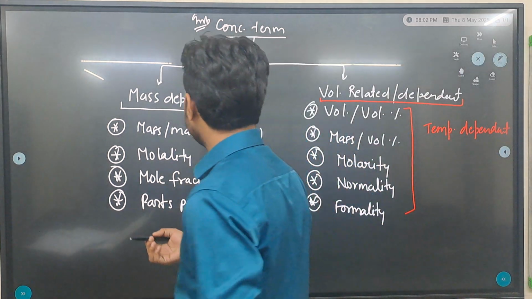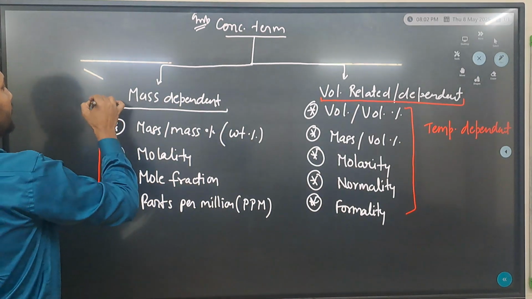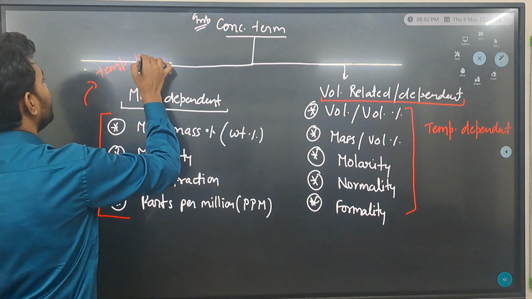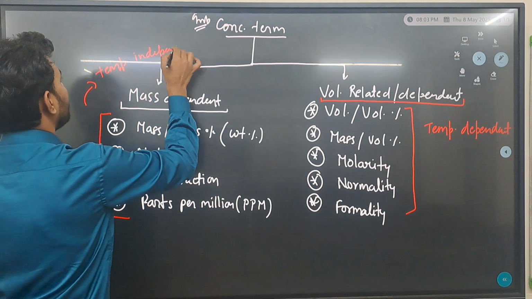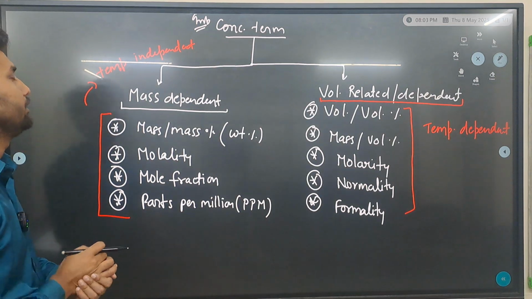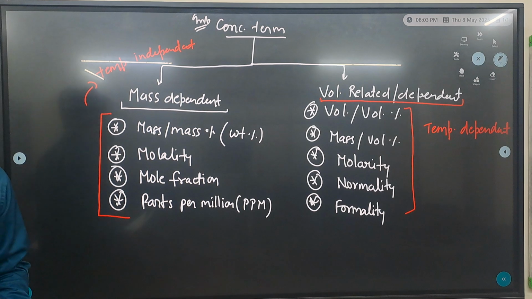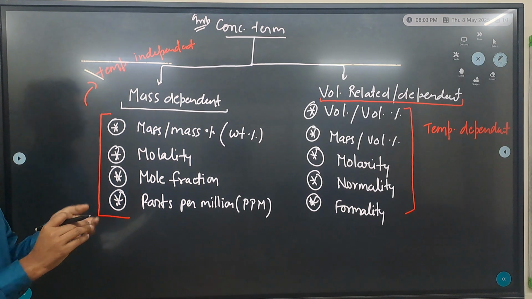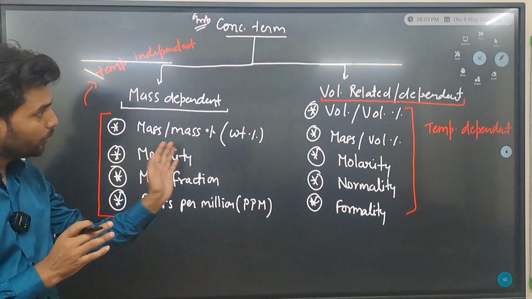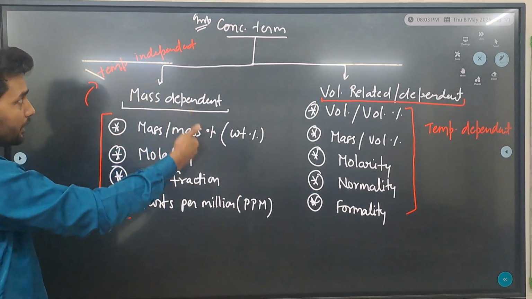And mass dependent concentration terms are all temperature independent. Clear? One question came in NEET 2017 from only this topic, from this classification.